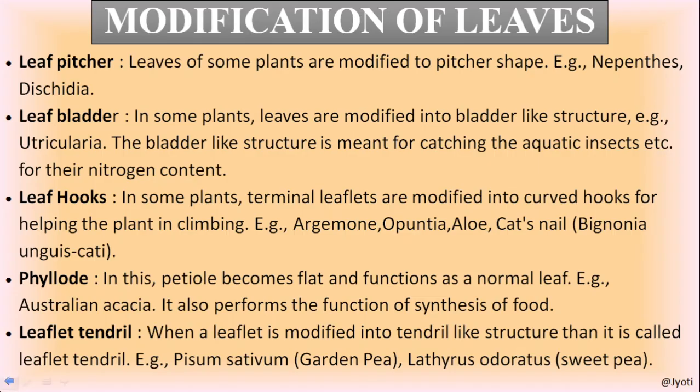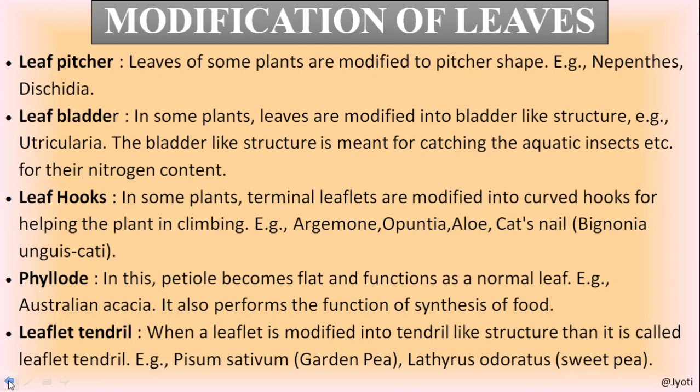Now the next modification is leaflet tendril. We have already discussed the leaf tendril, where the whole leaf is converted into a tendril. But here the leaflets are developed into tendrils. Some of the leaflets present towards the terminal part of the compound leaf are modified into tendrils or thin coiled structures, and that also helps in climbing of the stem.